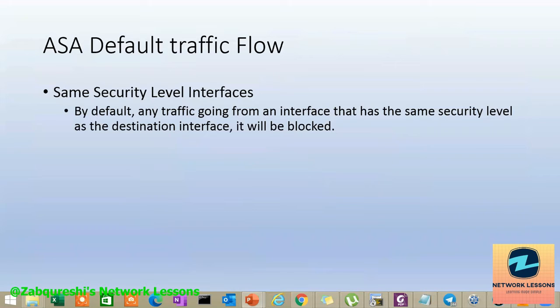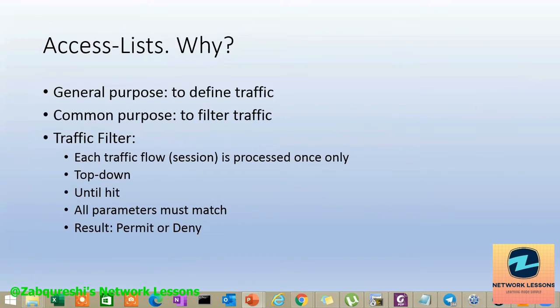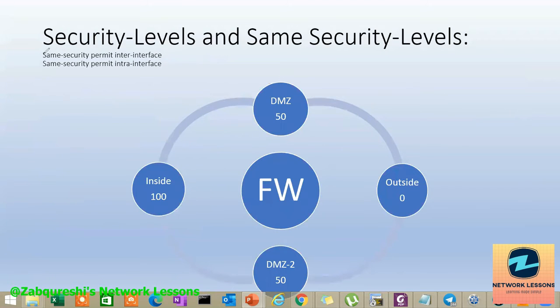Okay, and the next slide is saying that by default, any traffic going from an interface to a destination interface with the same security level will be blocked, and it can be overridden by these two commands. You have the intra-interface and inter-interface commands.